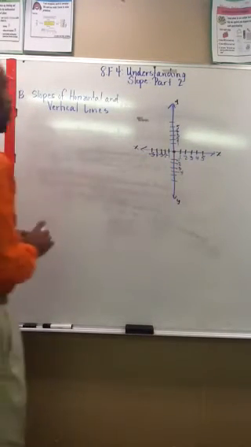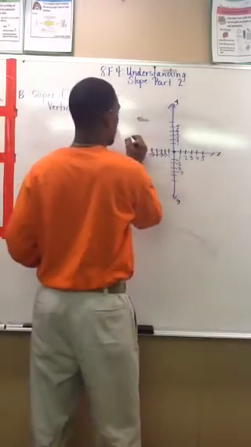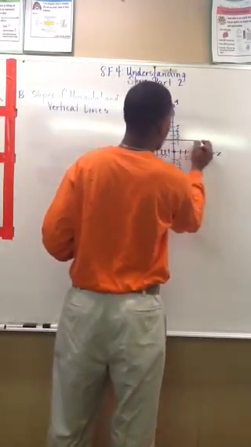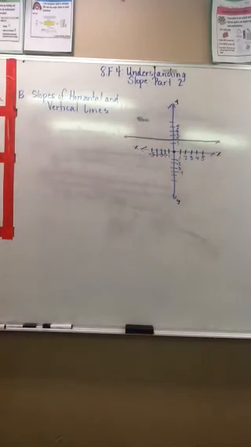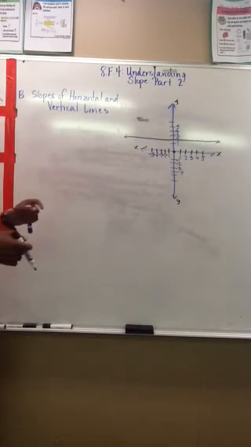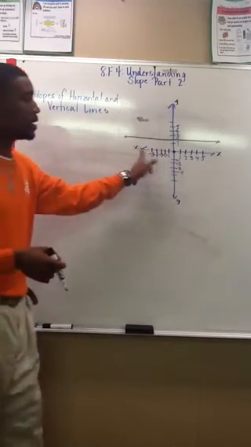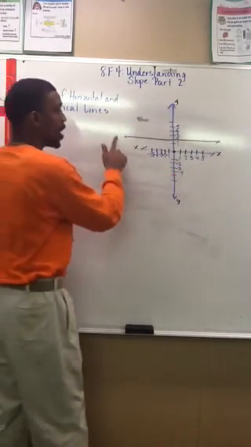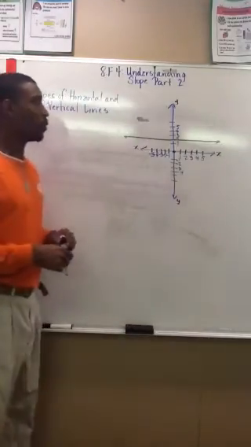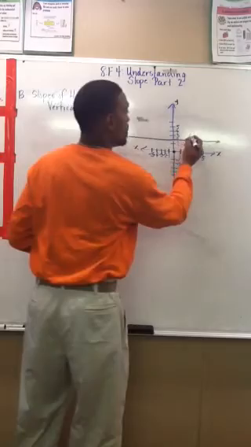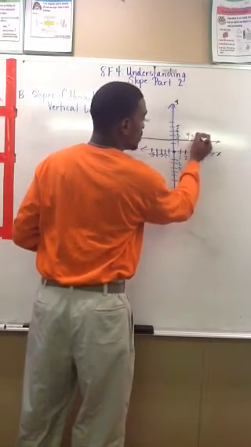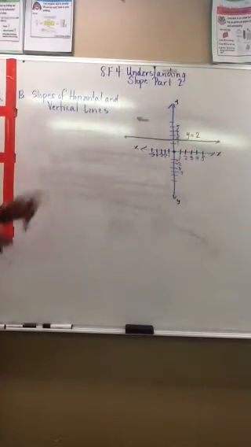If I draw a horizontal line, horizontal flows from left to right, hopefully you came up with that conclusion. That's a horizontal line, isn't it? It's a linear equation. Here's the y-axis, here's the x-axis. Where did your line hit? It went through the y-axis at 2. So this equation is y equals 2. That's simple.